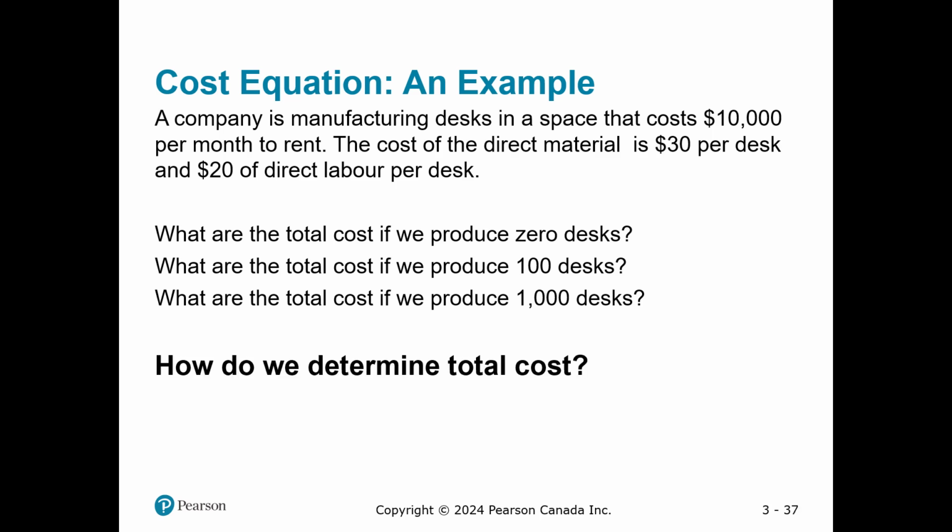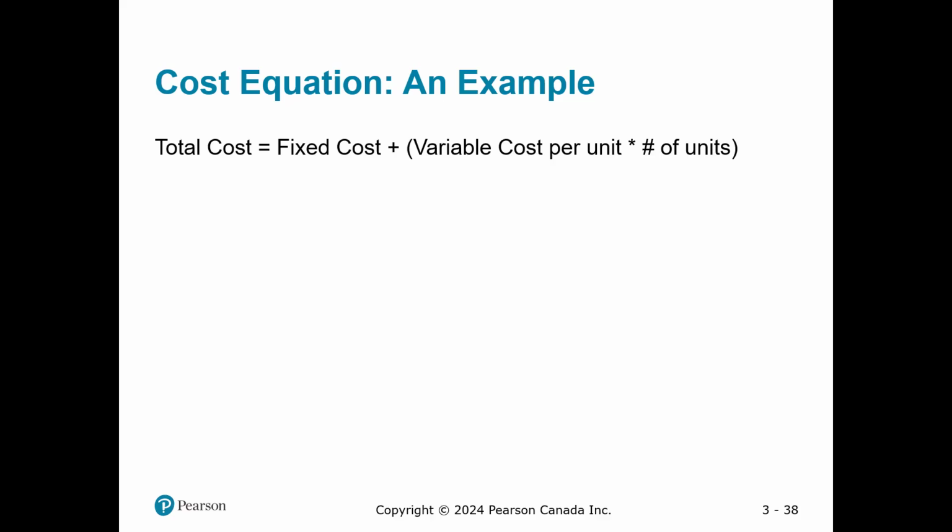How do we determine total cost? To do that, we need a cost equation. We know that total cost is equal to fixed cost plus the variable cost per unit, in this case per desk, times the number of units. So we can create a formula for that.